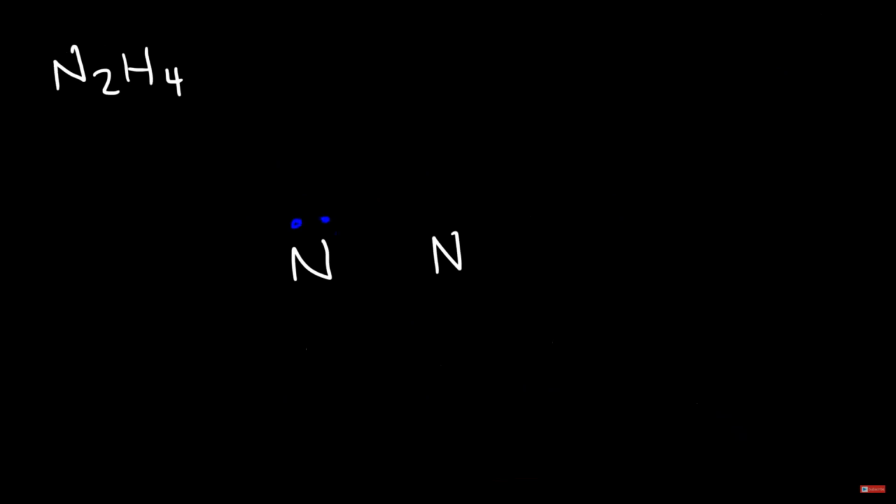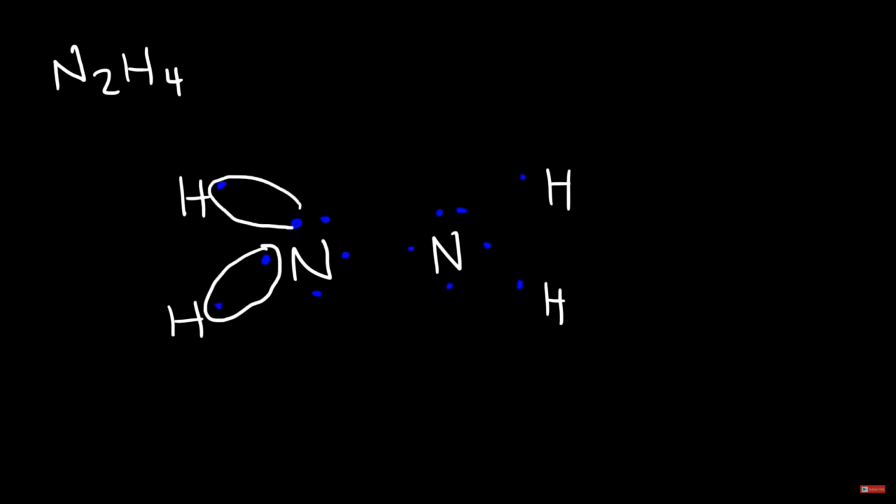So every nitrogen atom has 5 valence electrons, and the hydrogen atoms only contain 1. So we need to form 3 bonds for each nitrogen atom. So we can say this is going to be 1 bond. This is going to be the 2nd bond.